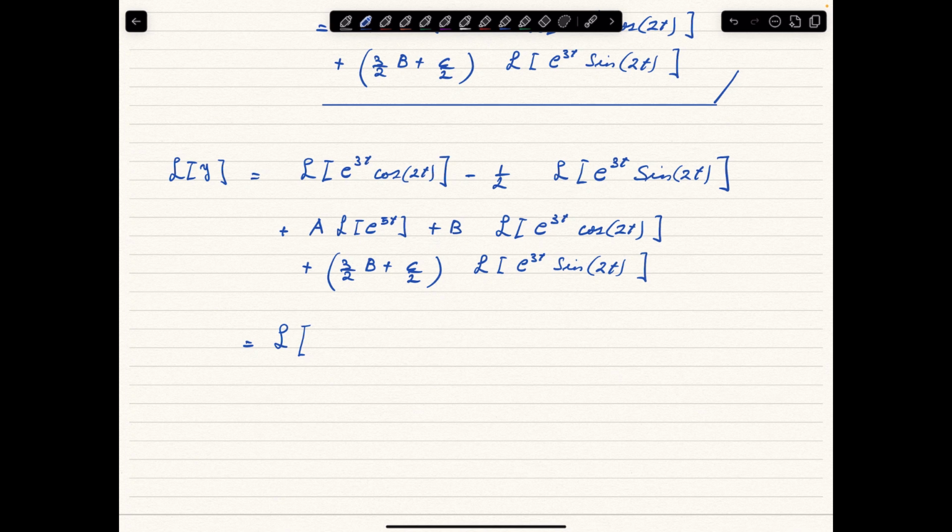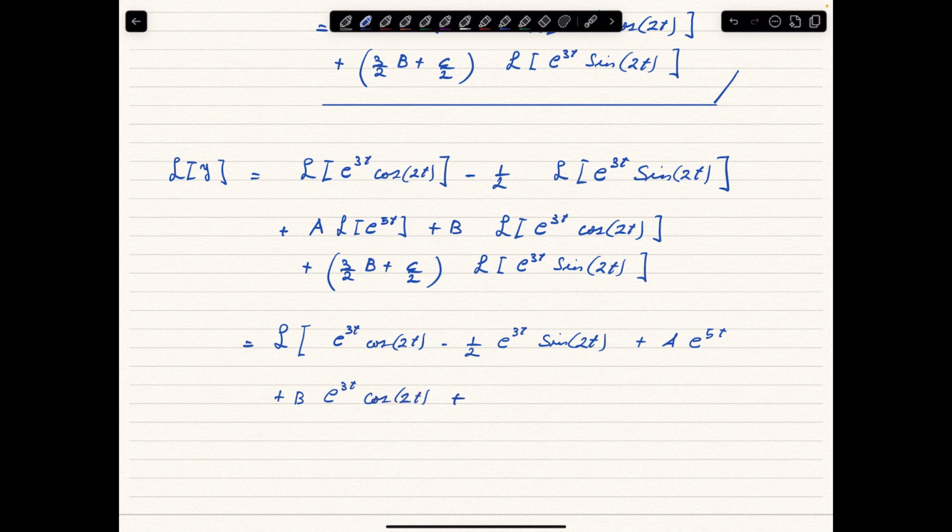The first two terms, exponential 3t cosine of 2t minus 1/2 exponential 3t sine of 2t, and then all the other terms, plus a, recall, is a number that we can compute, exponential 5t, and then plus b is another number that we can compute, exponential 3t cosine of 2t.